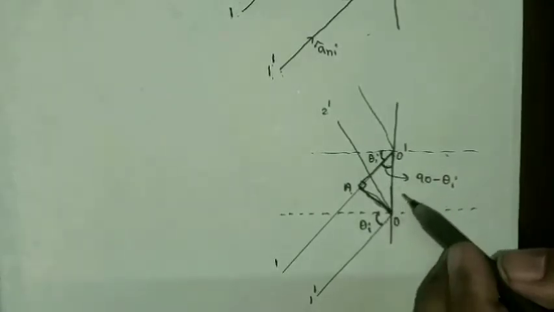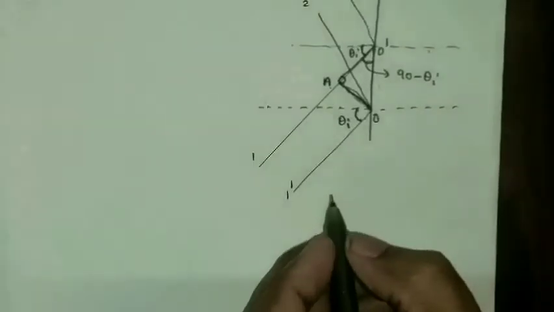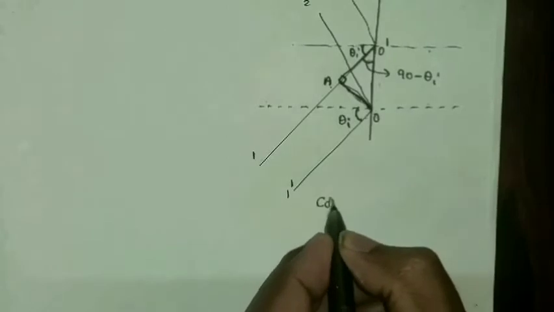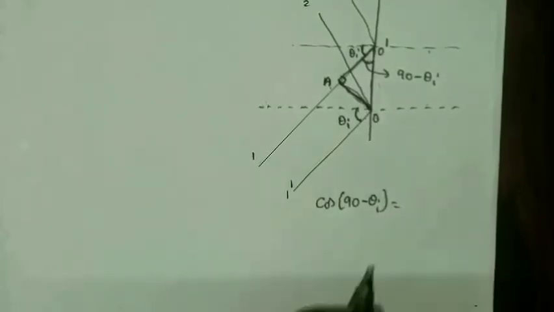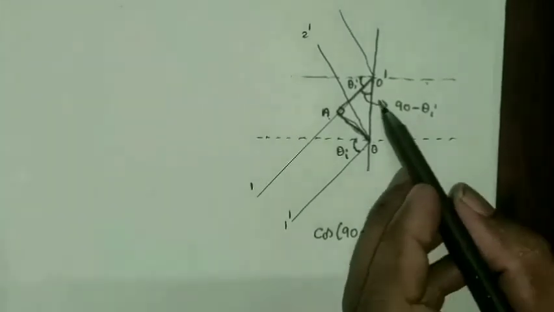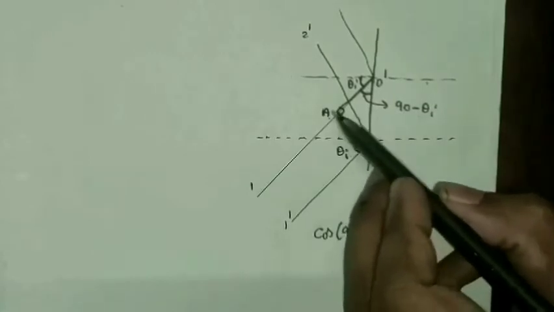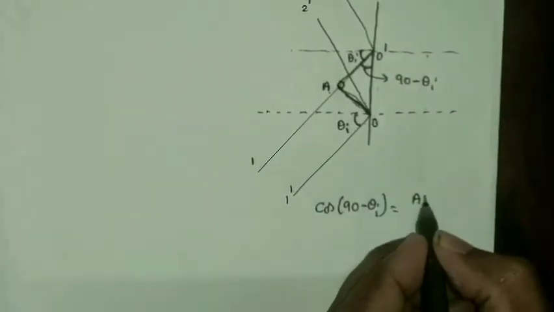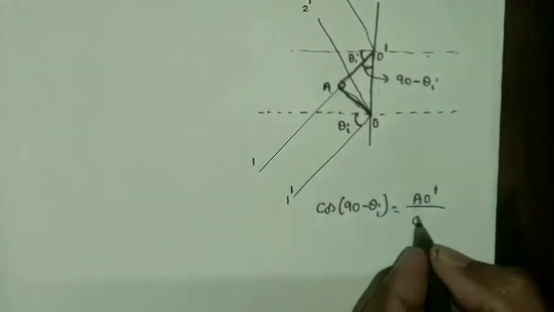Right? So from this, I would like to find the cos angle. Cos of 90 minus theta I is the adjacent side divided by the hypotenuse. What is the adjacent side here? Adjacent side is AO dash, and the hypotenuse is OO dash.